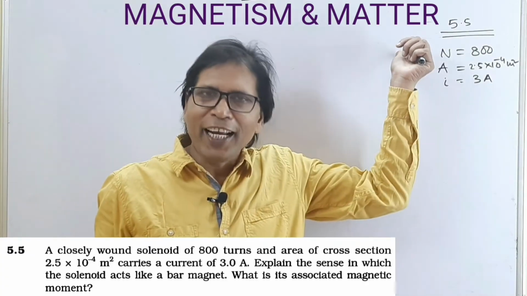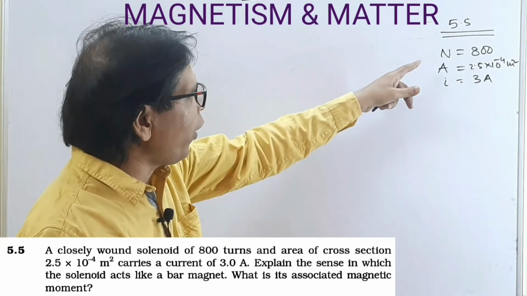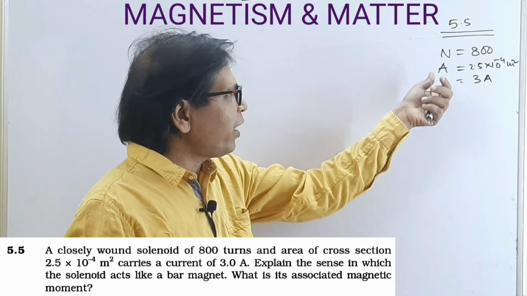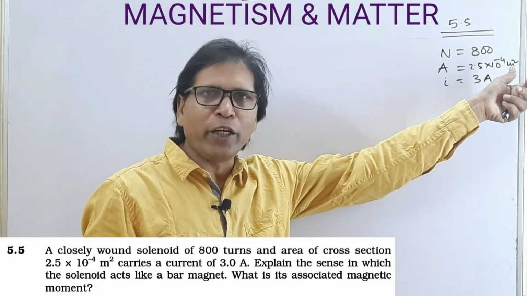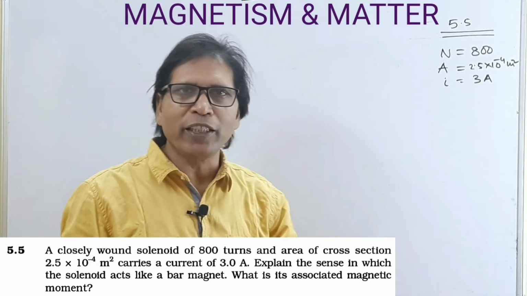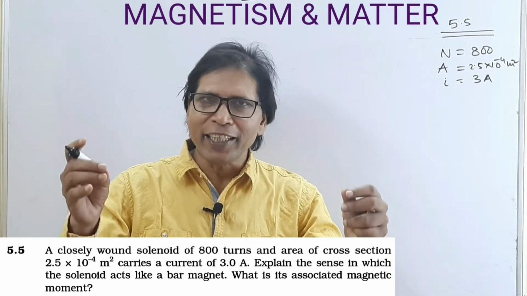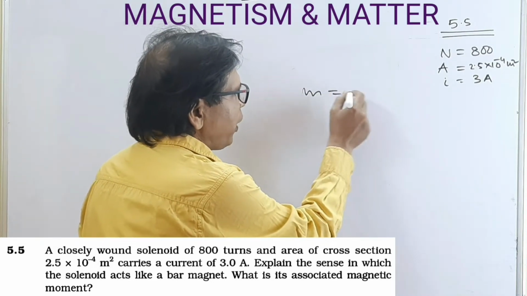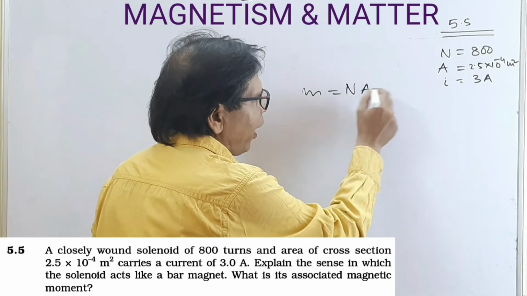Next, NCERT numerical 5.5. Look at this, a solenoid has a total number of turns 800, the area of cross section of each turn is 2.5 × 10^-4 meter square, and the current passed through it is 3 ampere. Now, what is the magnetic moment associated with the solenoid? We know the magnetic moment associated with the solenoid is NAI.